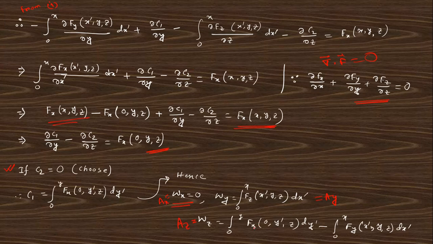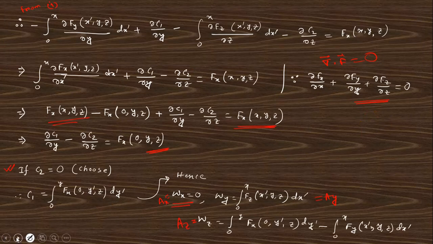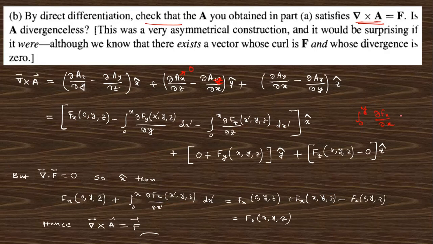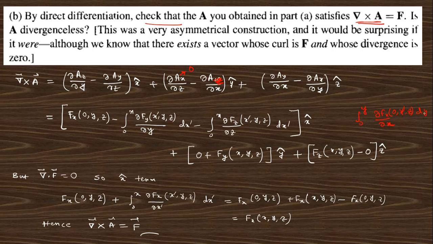If you take with respect to x, del f 0 to y, 0 to y, del fx del x, and this is 0 y prime, 0 y prime z dy prime. Okay, so there is no x variation, that's why this term is 0.